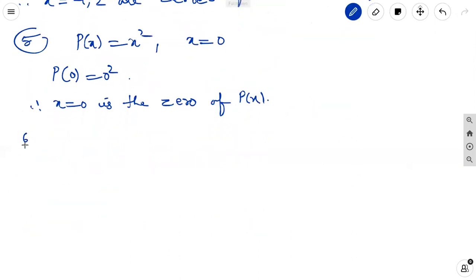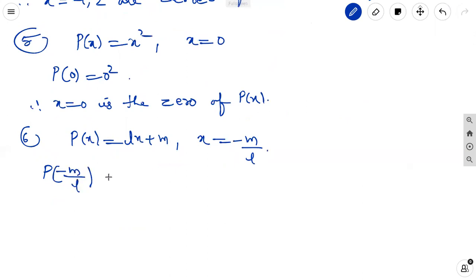Sixth one. P of x equal to lx plus m at x equal to minus m by l. Substitute in the place of x equal to minus m by l, it is equal to l into minus m by l. l, l get cancelled. Here minus m into 1, minus m plus m equal to 0.